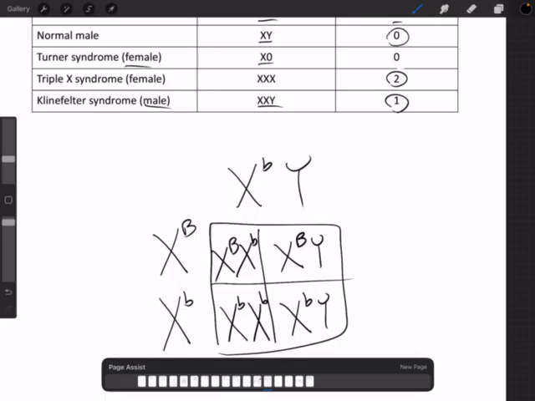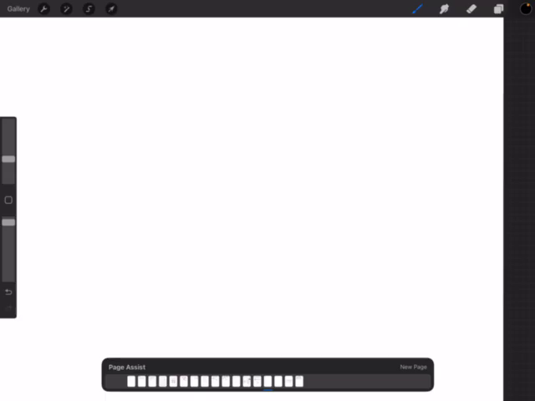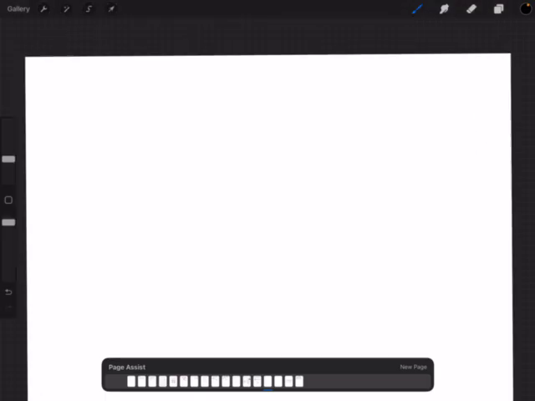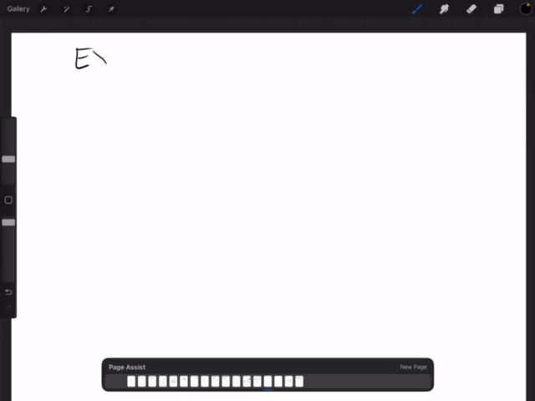Does this make sense so far? Okay, good. We have one more to do, and that is extranuclear inheritance. So write that out. All right.